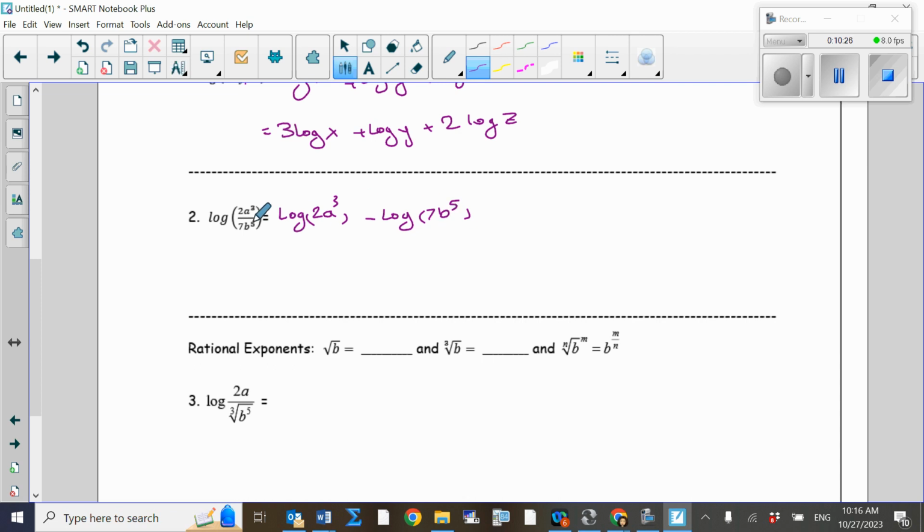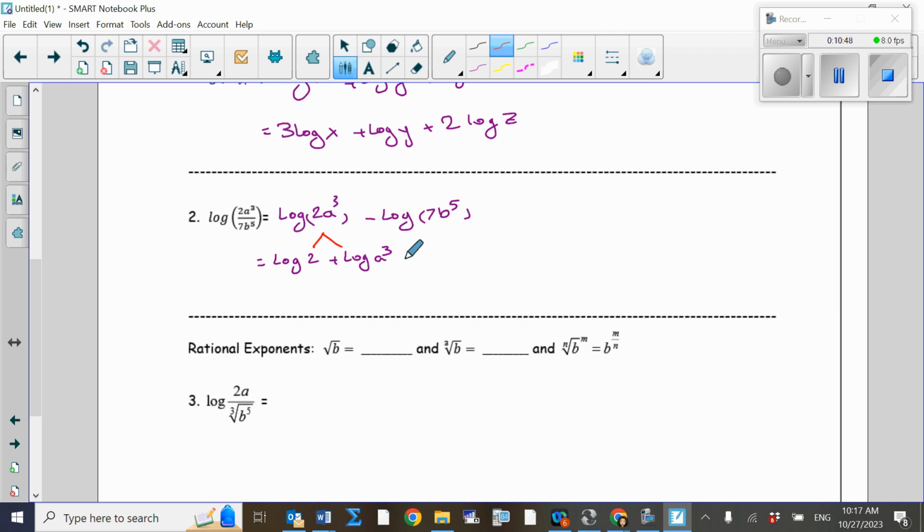Now I can expand this one more step because this is 2 times a to the 3, so it's a product. So I can rewrite this as log of 2 plus log of a to the 3. So the first one expanded into this.